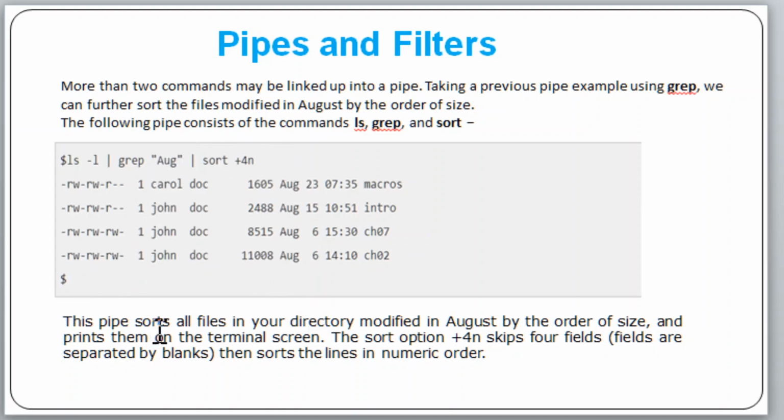So the pipe sorts all files in your directory modified in August by order of size and prints them on the terminal screen, okay? So the sort option, +4 in, skips 4 fields. And fields are separated by blanks, and then sorts the lines in numeric order. Okay? So we did an ls -l and sent that into grep, which searched for August, and it sent that into sort, and it sorted it based off the input of these two, okay?